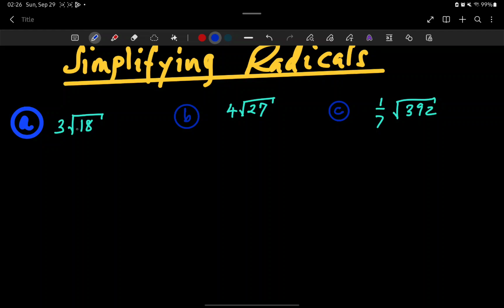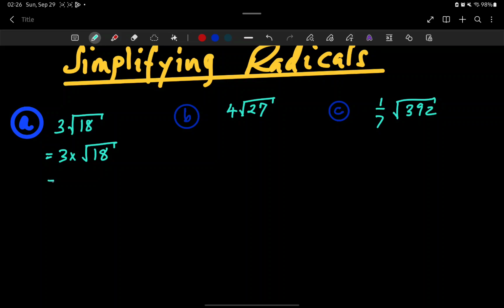Now, to simplify under root 18, this whole thing is written as 3 times under root 18, and we said to simplify under root 18, the 18 has to be written as a product of as many perfect square numbers as possible.